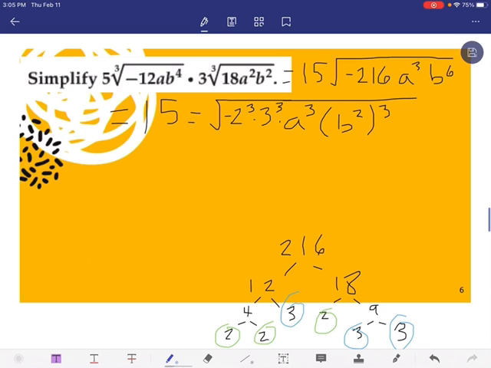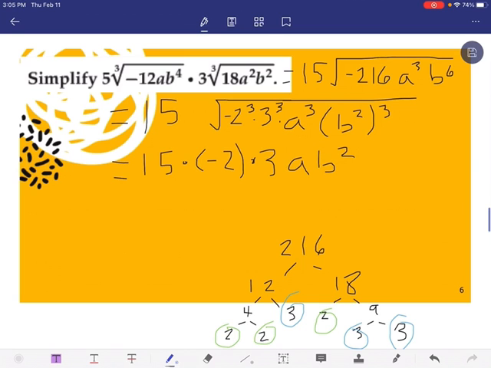And we could go ahead and pull it all out for our exponent. But also remember that because they all have 3's this time, I would end up with 15 times a negative 2 times 3. My cubed on my a is going to reduce, so I just have an a, and then I have a b squared.